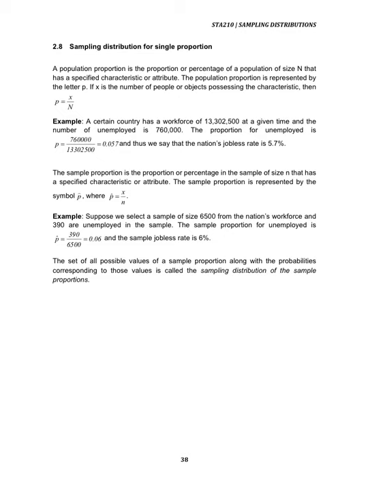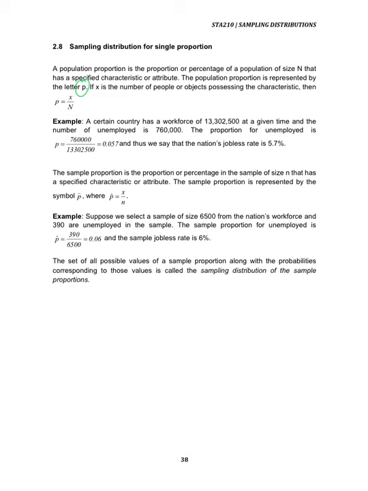The population proportion is represented by letter P. If X is the number of people or objects possessing the characteristic, then P equals X over capital N.